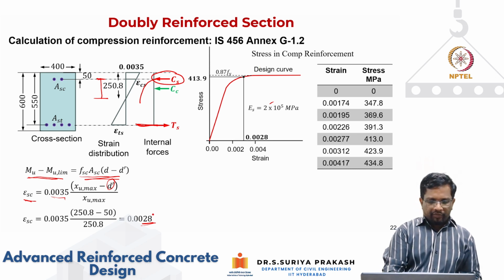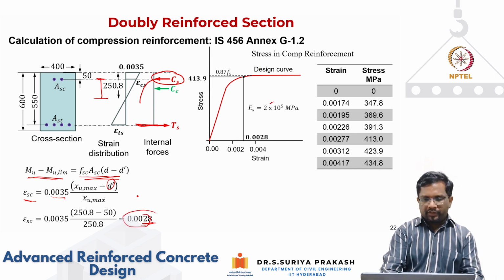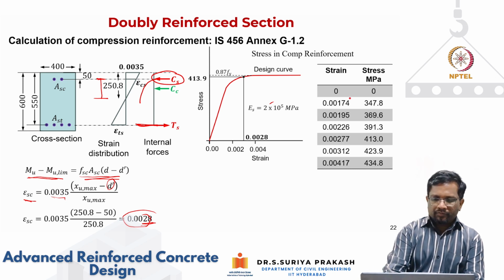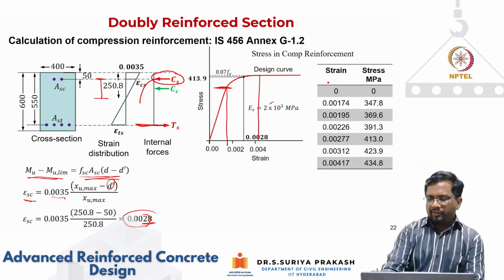Now for a strain of 0.0028, you see here. We have seen this when it is less than this value, you can directly multiply. So from this region to this region somewhere, we have to use this table which is there here.